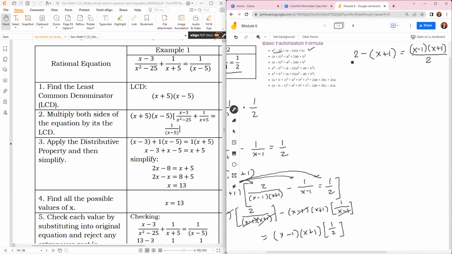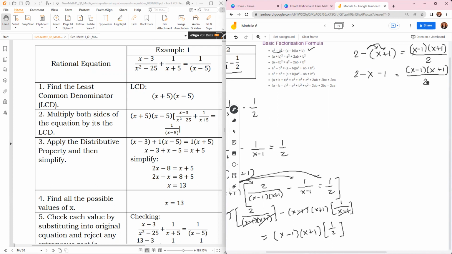Now let's simplify. We distribute the minus to the first and second terms, so it will be 2 minus x minus 1. And then the right side, x squared minus 1, let's just copy it.